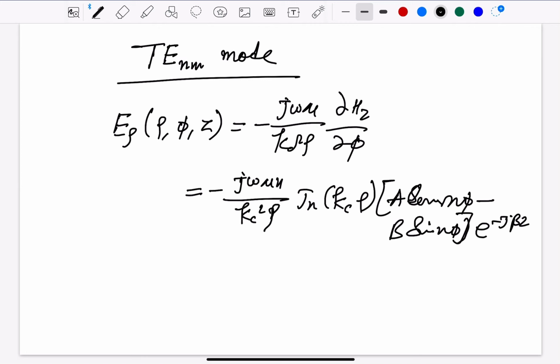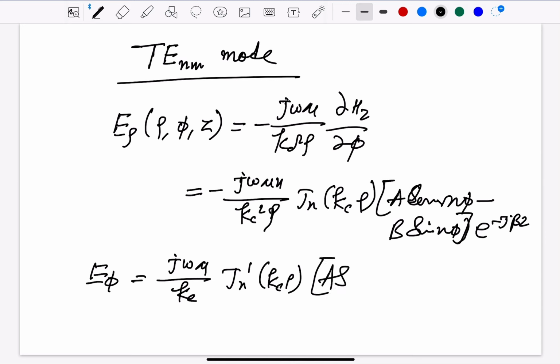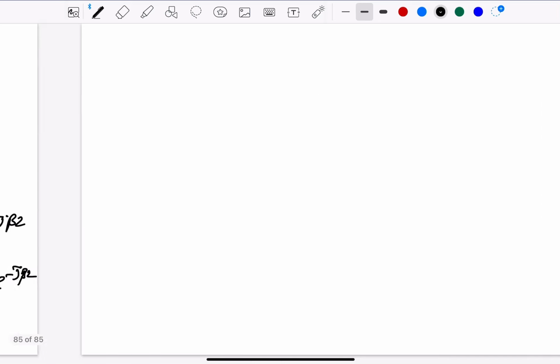In a similar fashion, you can write E phi. I can directly write j omega mu Kc Jn prime Kc rho as the argument, and of course a sin n phi plus b cos n phi, e to the power minus j beta z. Now we are left with two more.